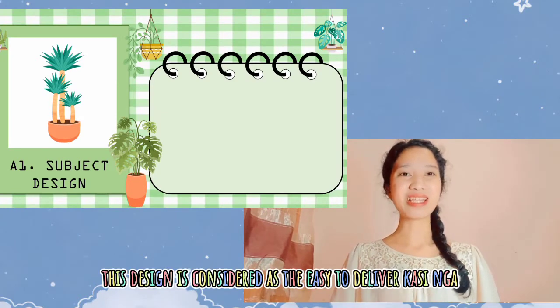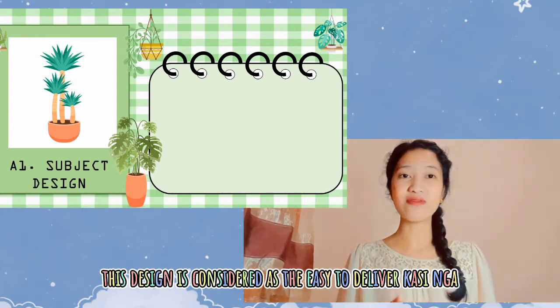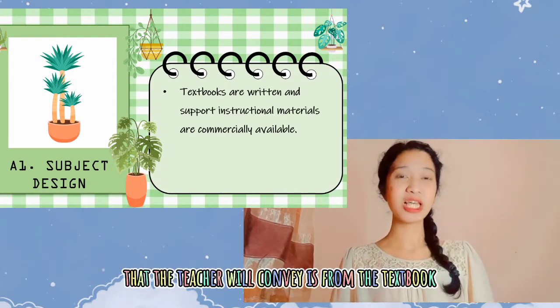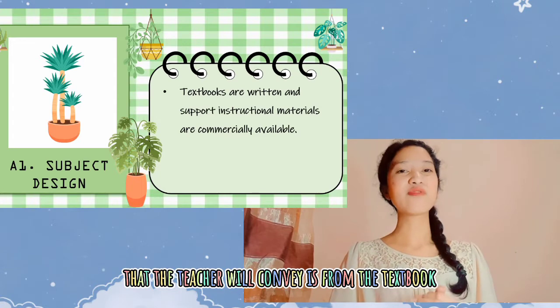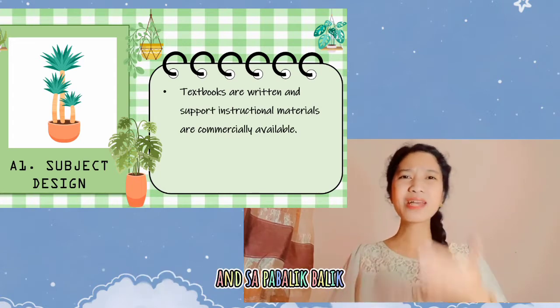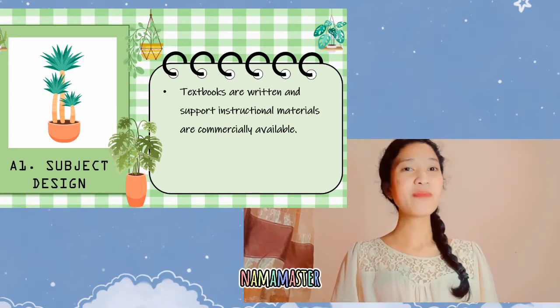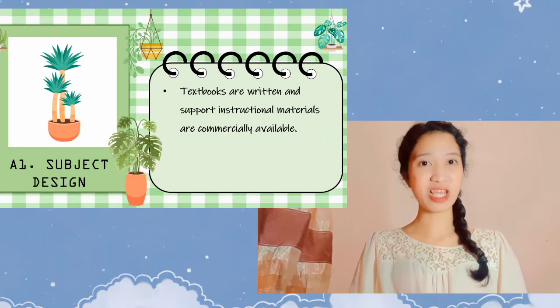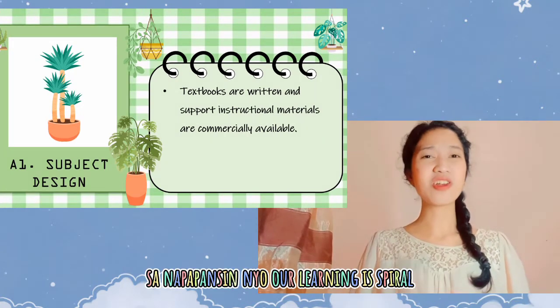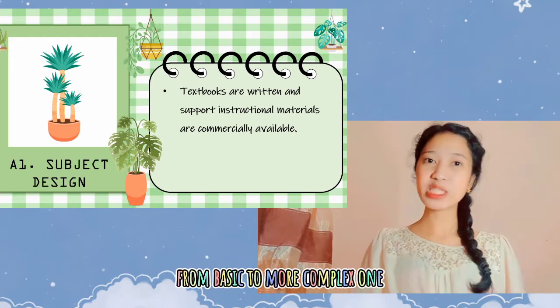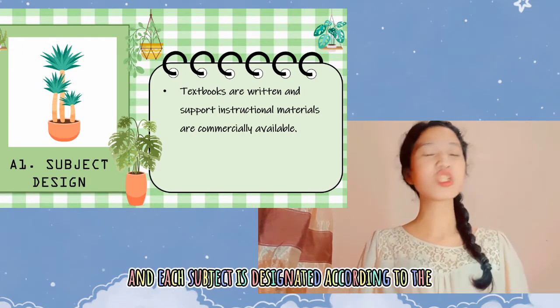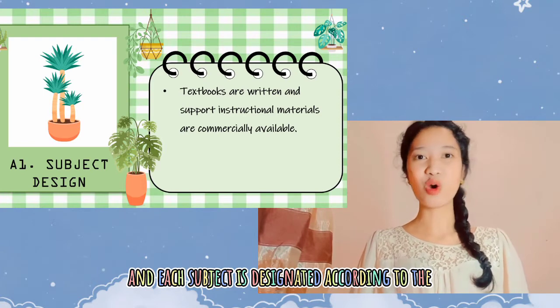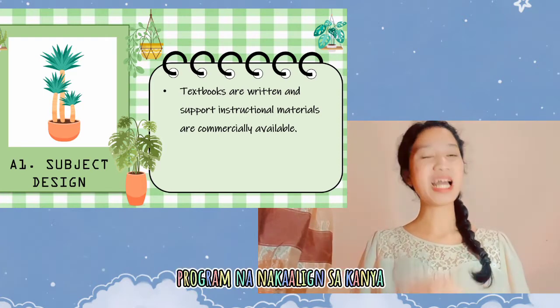This design is considered easy to deliver kasi nga the source of information that the teacher will convey is from the textbook. And sa pabalik-balik na pagtuturo nito, ay mamamaster na talaga ng guro at mapapamilyar ang bawat instructional materials. As you notice, our learning is spiral from basic to more complex, and each subject is designated according to the program na naka-align sa kanya.